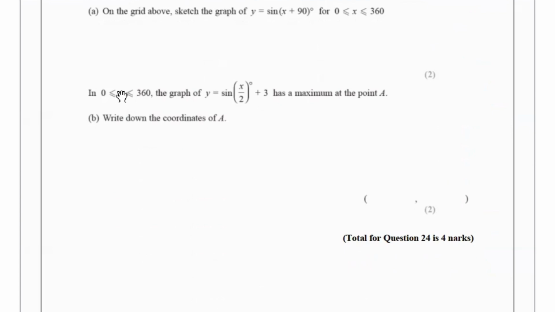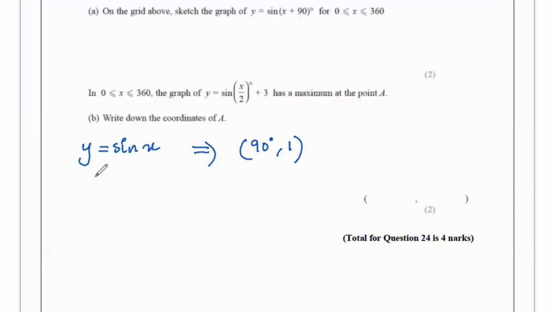Then it says for x greater than or equal to 0 but less than or equal to 360, the graph of y equals sine of x over 2 degrees plus 3 has a maximum at the point A. Write down the coordinates of A. Now, originally in the sine function, y equals sine of x, your maximum point has the coordinates of 90 degrees and 1.